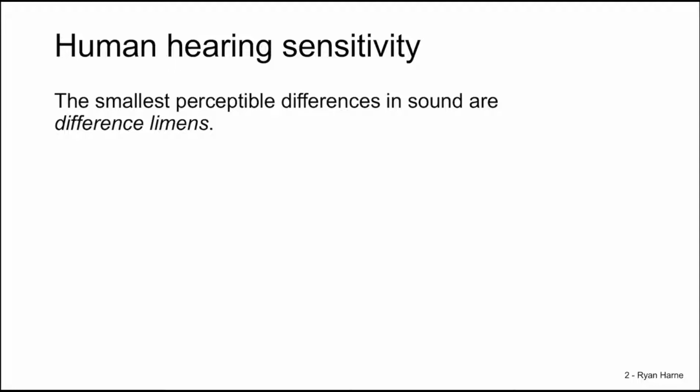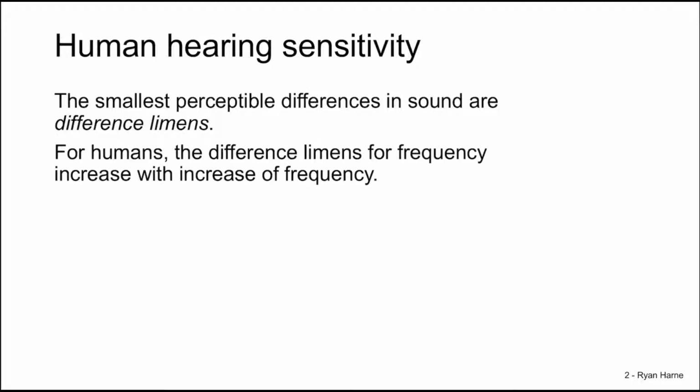Difference limens are what we refer to as the smallest perceptible differences in sound. For humans, in terms of our ability to distinguish frequencies, the difference limens increase with the increase of frequency.